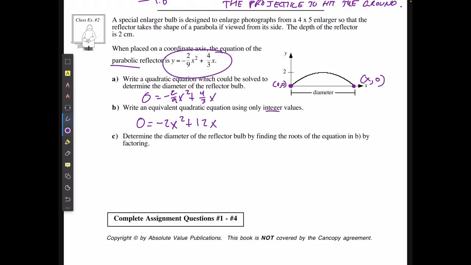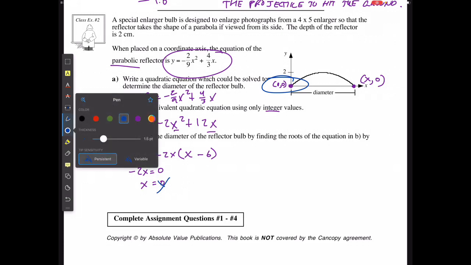If I'm determining the diameter of the reflector bulb by factoring, I'm going to say 0 is equal to, I'm going to divide the negative 2 and the x from both parts here, and I'm going to be left with x minus 6. Well, if negative 2x is equal to 0, dividing by negative 2, x will still equal 0. This was my starting point of 0, 0, so this isn't going to be my answer.